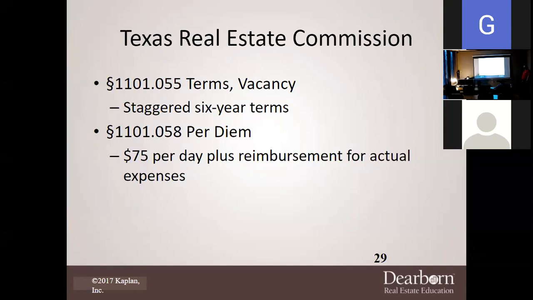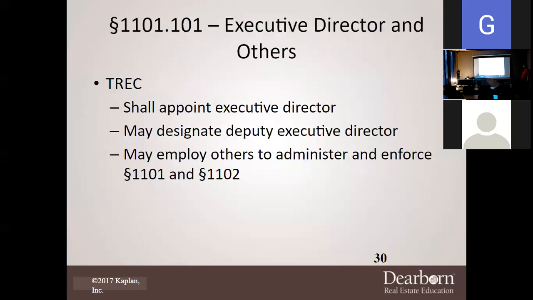Doesn't that just sound nice? $75 a day plus your actual expenses. So when people go in for this job, when they travel or whatever, do you think they're going to travel cheap? No, they're going to travel high because what are they reimbursed? Actual expenses. Okay, there's not a cap.